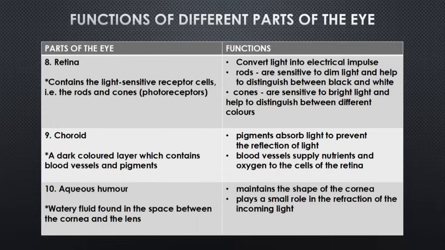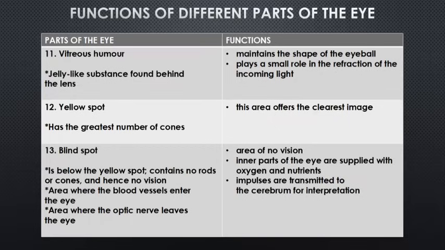It ensures that the shape of the cornea is not changed. It stays as curved as it is normally. And also it plays a small role in the refraction of the light that comes into the eye. Refraction means bending. It helps bend the light that comes into the eye.